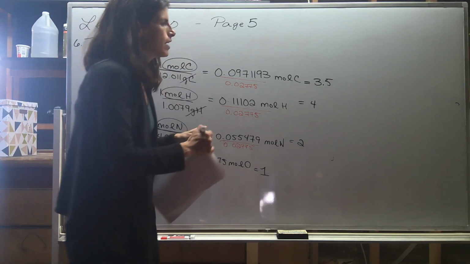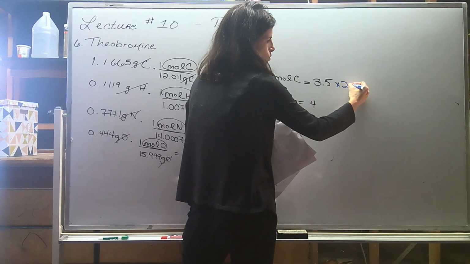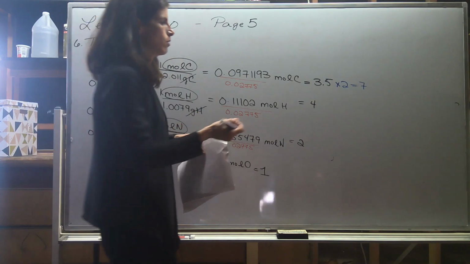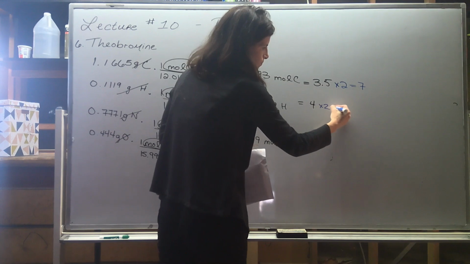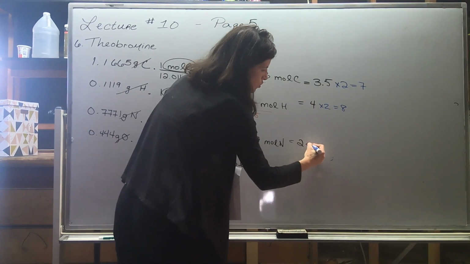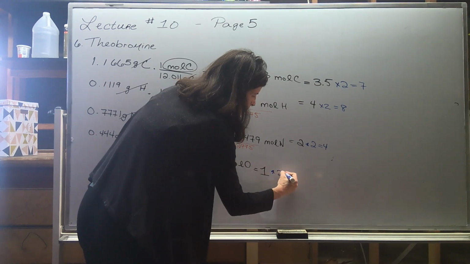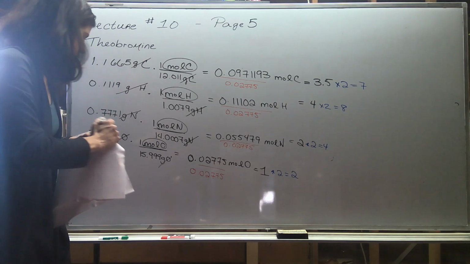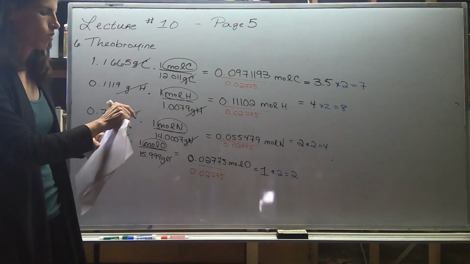So I'm thinking if I do 3.5 times 2, that'll give me 7. So that's a whole number, and our formulas have to have whole numbers. But since I did it to the first one, I've got to do it to the second one. To our nitrogen, 2 times 2 is 4, and to our oxygen. So at the end of the day, I'm going to use all the numbers in blue when I'm writing my formula.